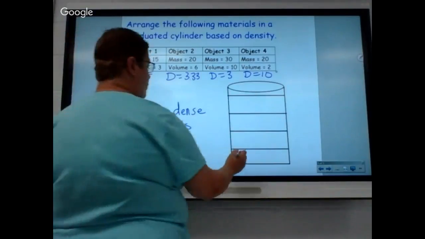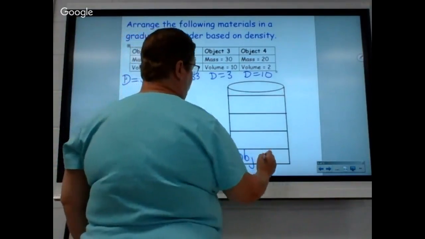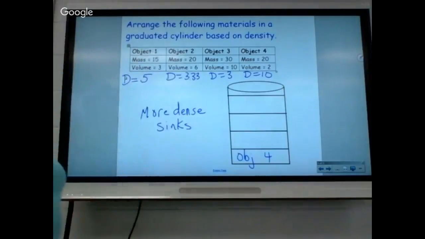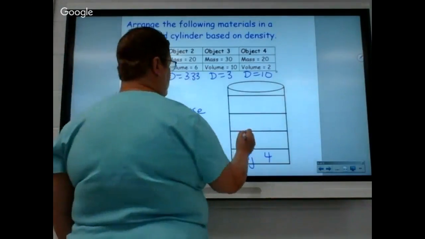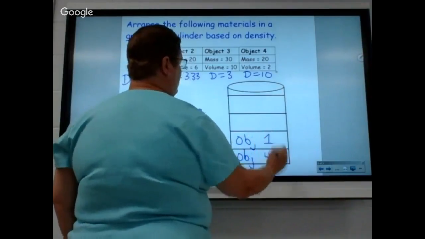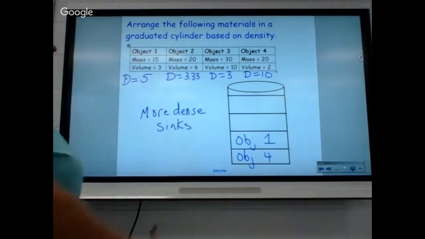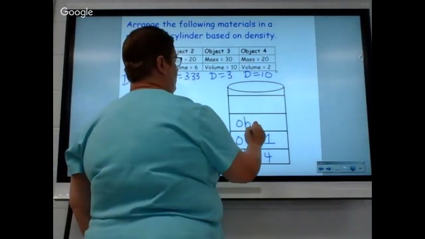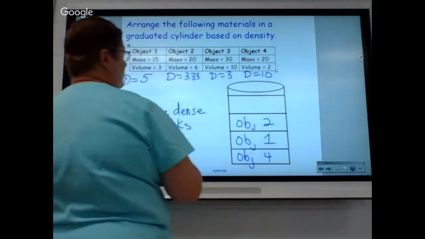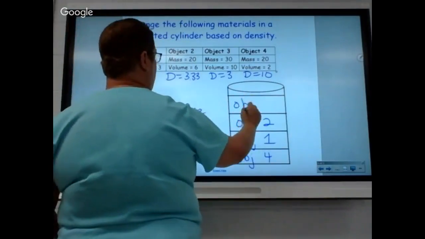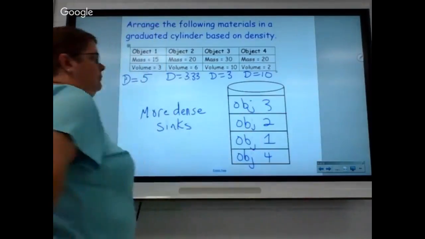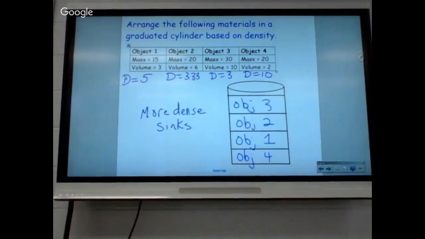All right, so object 4 is going to the bottom. Okay, then what? Then, and last. Very good. Any questions? Everybody with me?